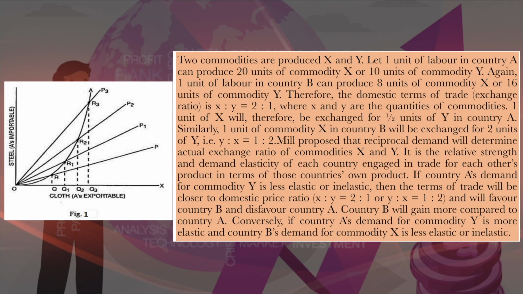The converse is the case if country A's demand for commodity Y is more elastic and country B's demand for commodity X is less elastic or inelastic. So what will happen then?